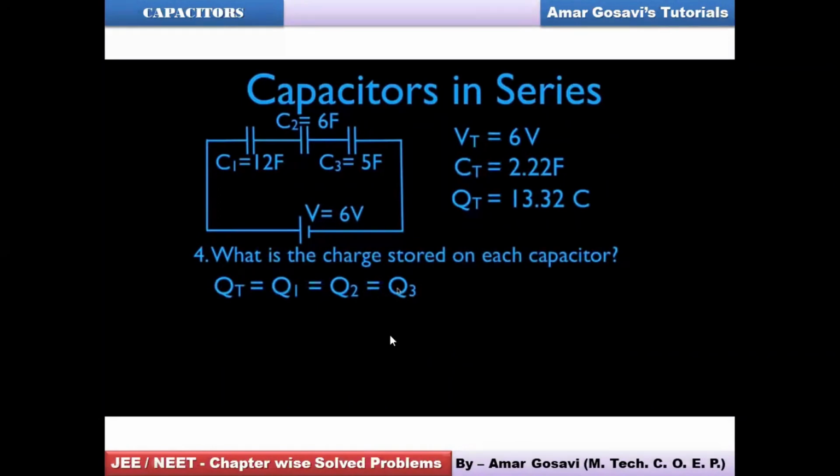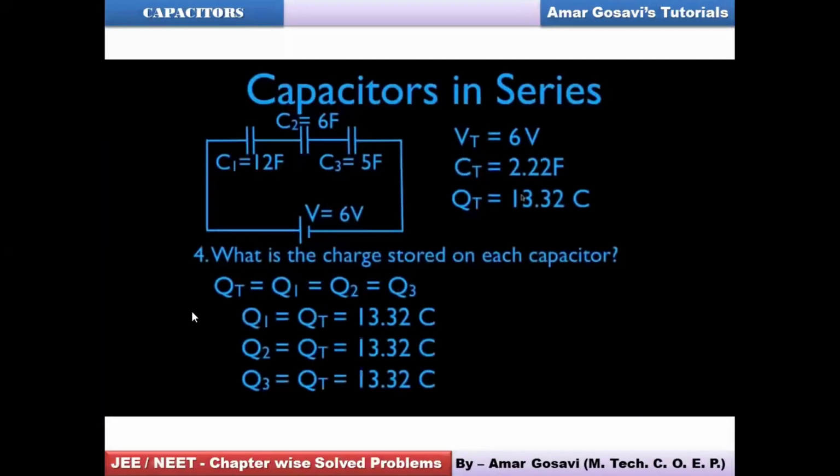They all are the same, so the value for Q1, Q2, Q3 would be 13.32 coulomb only. This was the fourth part of the question. Now when it comes to the potential across each capacitor, obviously that will be different. So we have to work it out in the fifth part. Please make a note of this answer first. Then we will try working out the fifth part of the question.